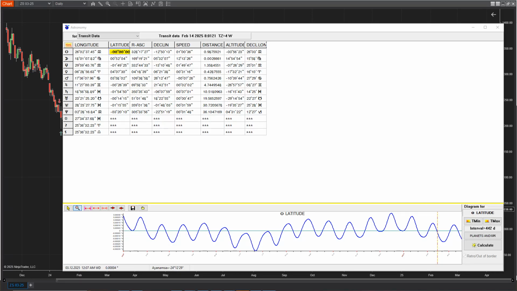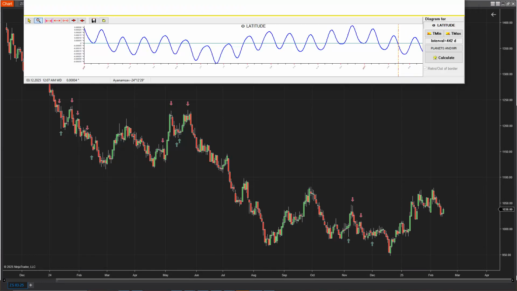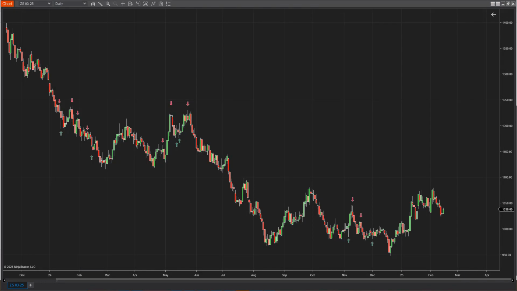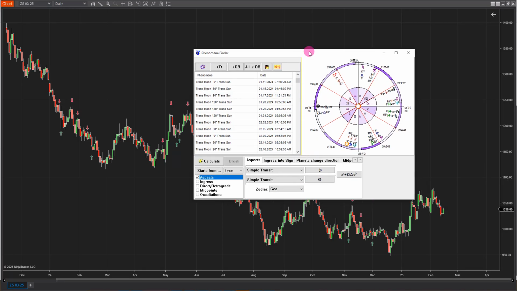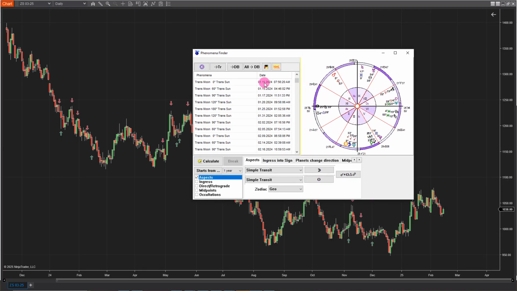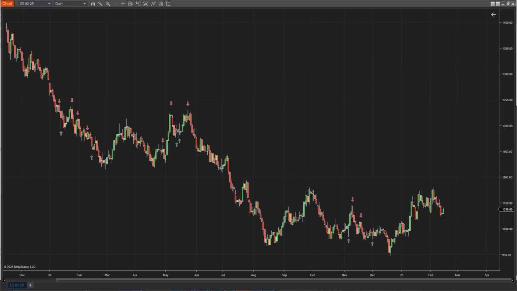So we're sitting there for a while. We've got aspects on the 11th and 15th. On the 11th, we've got the conjunction. On the 15th, we've got the sextile.